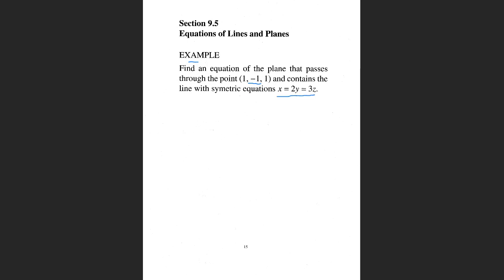Now, we note here that the point (1, -1, 1) is not on the line with these symmetric equations, because 1 is, for instance, not equal to 2 times -1. If I take the x and y coordinates of this point, I can see already they don't satisfy the symmetric equations.